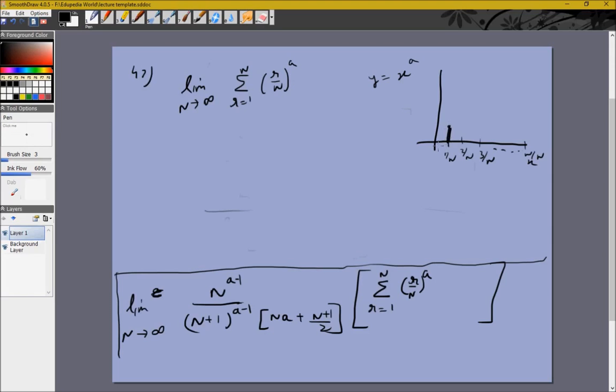Then what we can do is we can multiply it by 1 by n, and we can take n outside, n times this. Now what is 1 by n to the power a, which is this side, multiplied by 1 by n, area of this block? What is 2 by n to the power a multiplied by 1 by n, area of this block? 3 by n to the power a, area of this block. So that is one thing. The other thing is, as n goes to infinity, these terms go to 0.